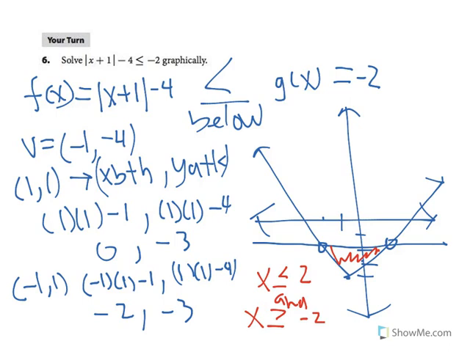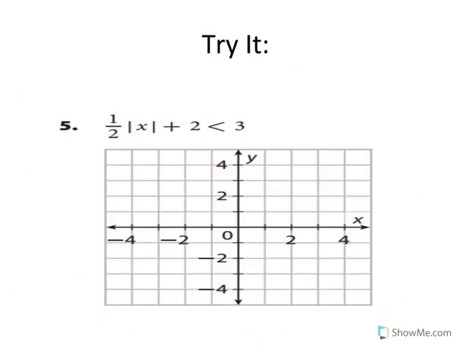Okay, so we're going to write x is greater than or equal to -2, less than or equal to 2. Okay, so come, you can try this one out on your own. Right, so when you guys do this at home, it's easy if you use graphing paper and a ruler. Okay?